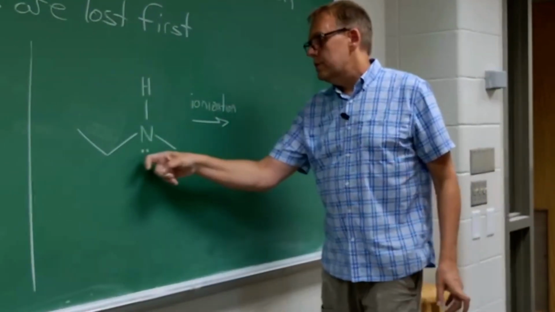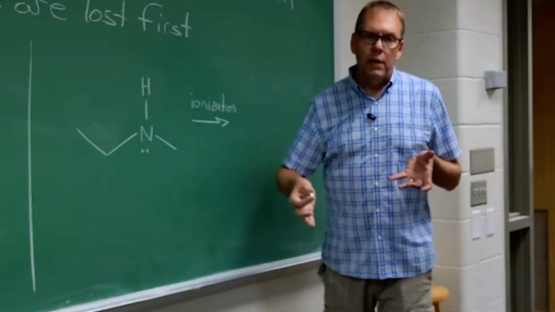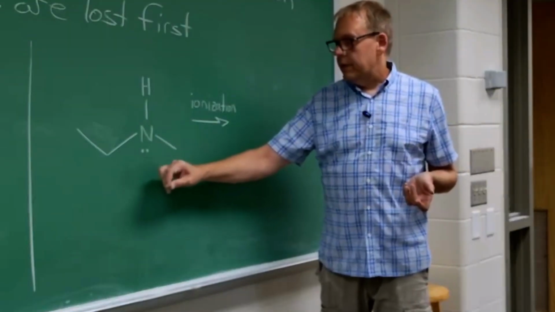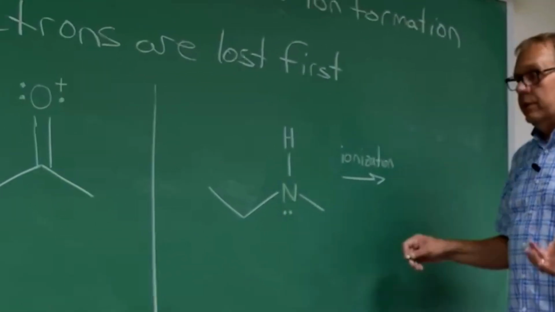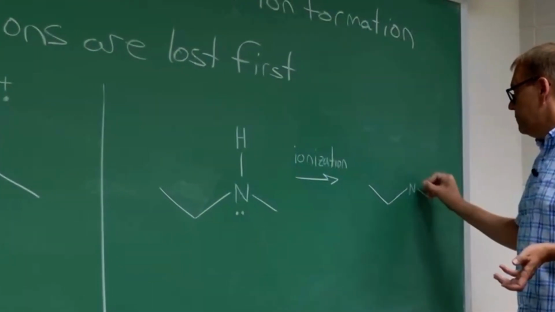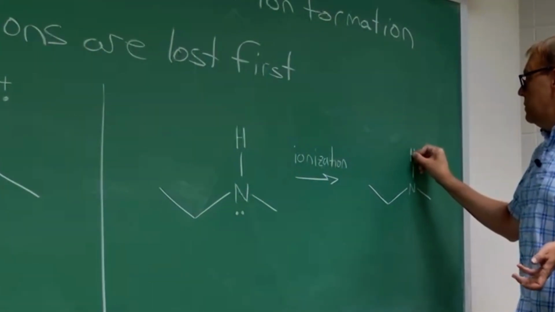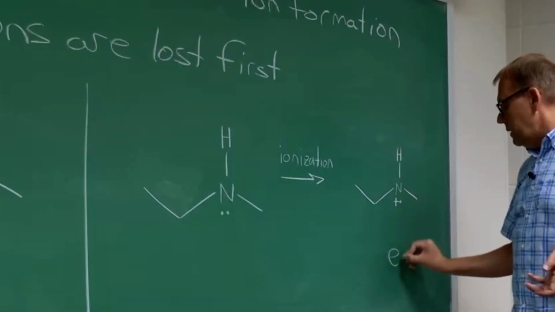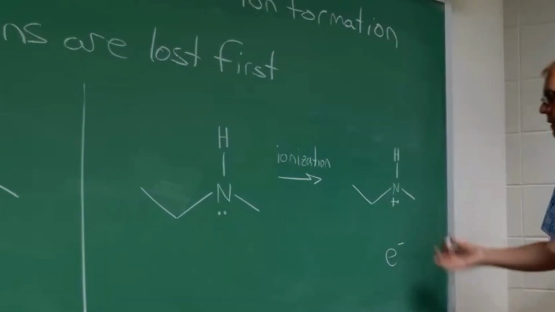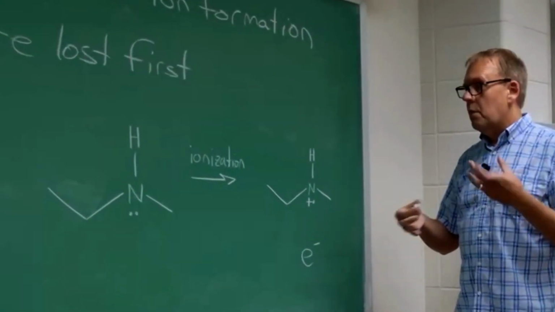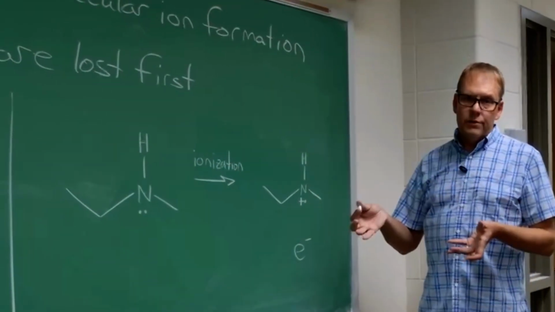So one of these two electrons, and it doesn't matter which one you pick to show going away, just erase one of the dots and put a plus charge in its place, and you'll have the molecular ion for this molecule. That species would look like this. It's a radical cation on nitrogen, and there's an electron that was lost. That's ionization in a molecule that has lone pairs.